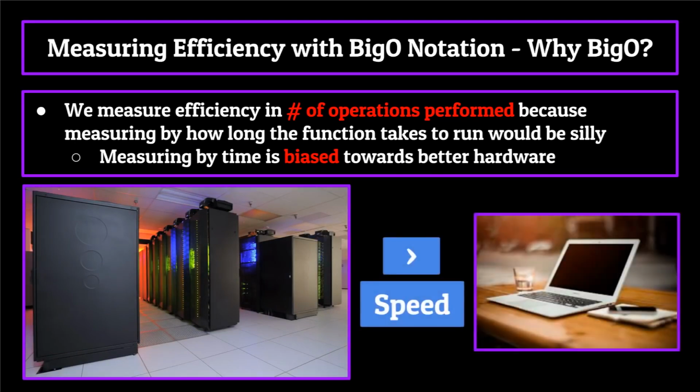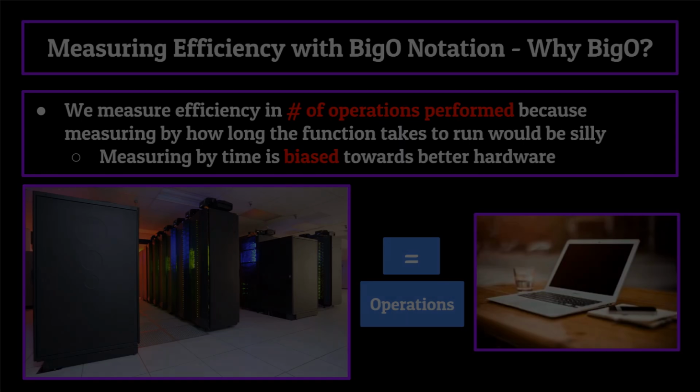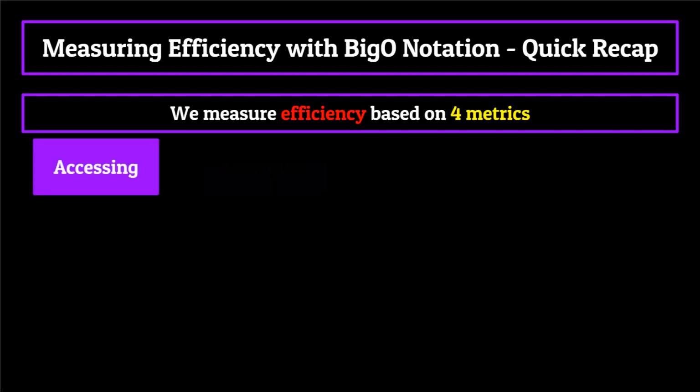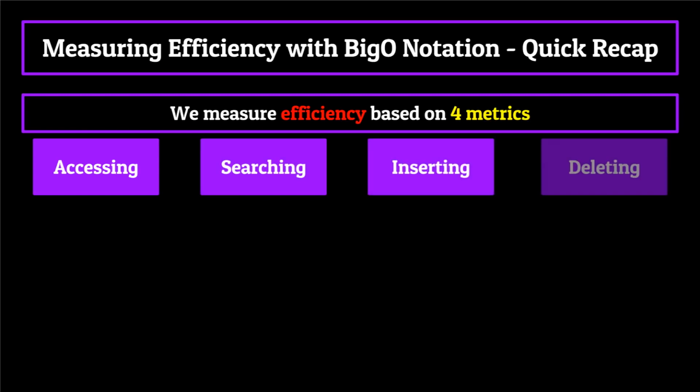Time complexity equations essentially level the playing field by instead returning the number of operations to eliminate the bias in processing power that exists. So, to sum up everything that we've learned so far, we measure the efficiency, or speed, of a data structure based on how well it can perform 4 basic tasks: accessing, searching for, inserting, and deleting elements within itself.